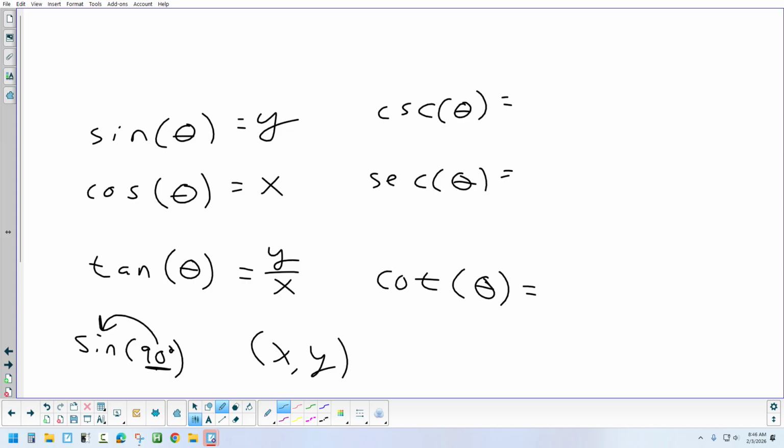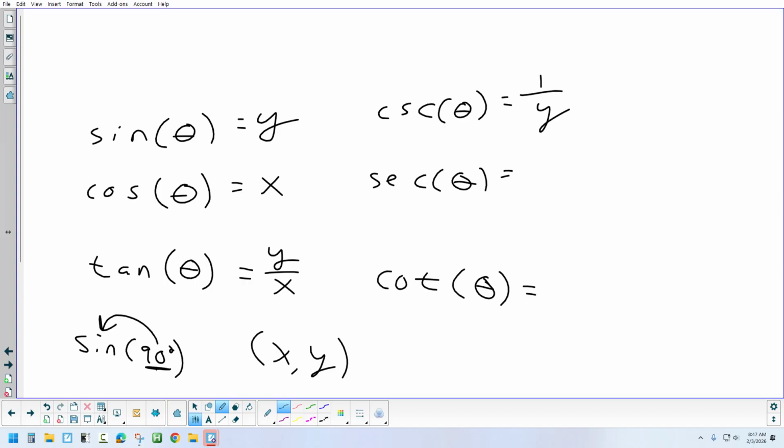Now, once we know the first three, there's a connection to the three on the right. Does anybody remember what the connection is? Reciprocals. Yep, it's the reciprocal. So if we did cosecant, Madison, what would the cosecant be for the formula? 1 over y. Right.